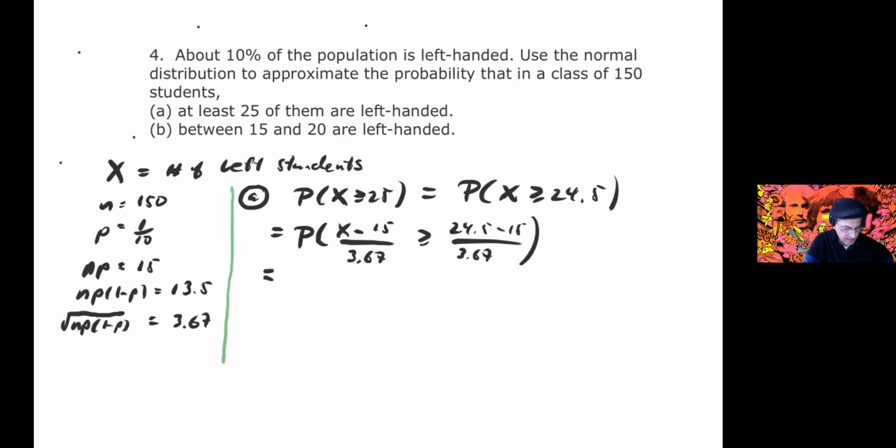And that's approximately the same thing as the probability that z is at least, well, what is that fraction on the right? It's 2.58.